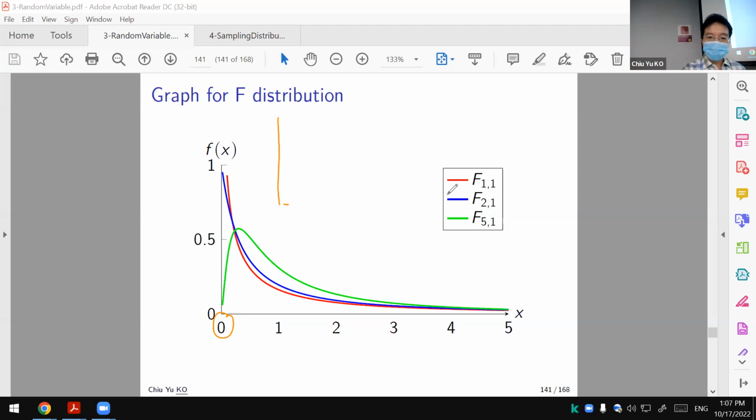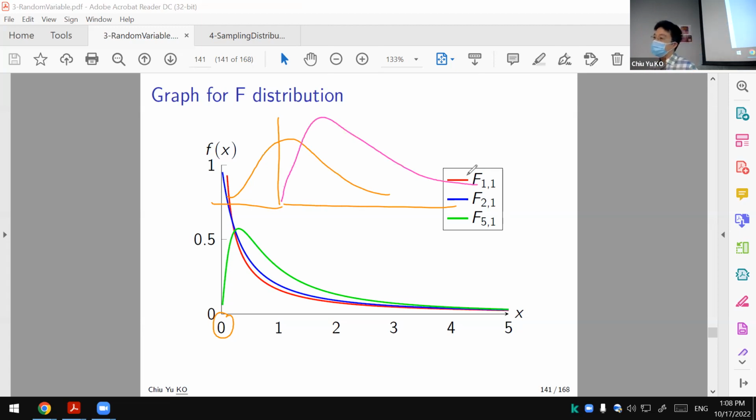The bell curve is like this, but this one starts from 0 and you squeeze things out, pushing everything to one side. More like chi-square. This is what it looks like.